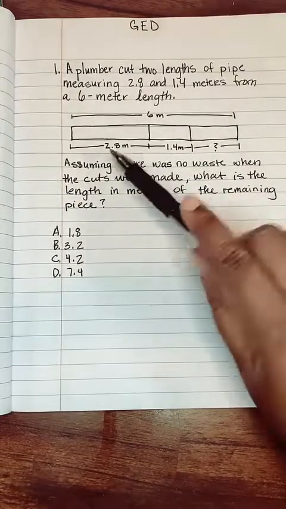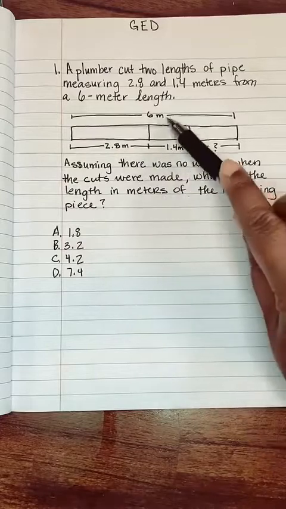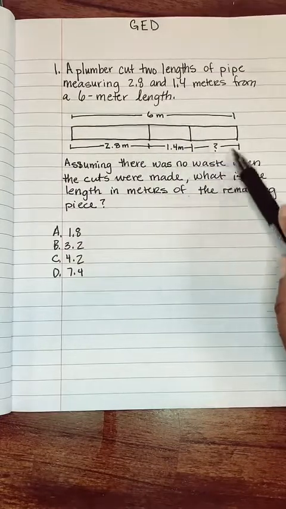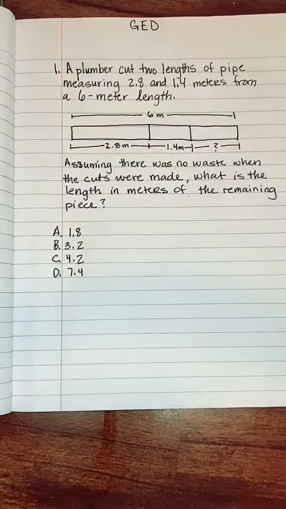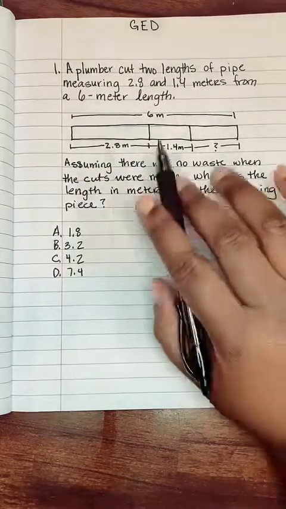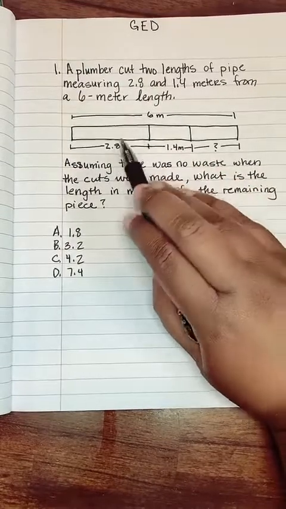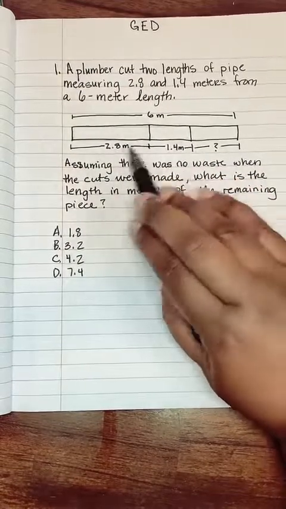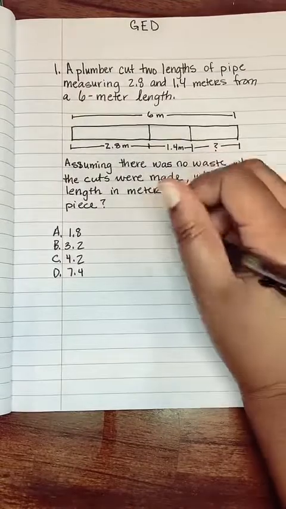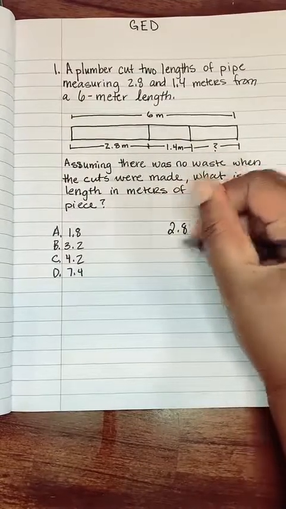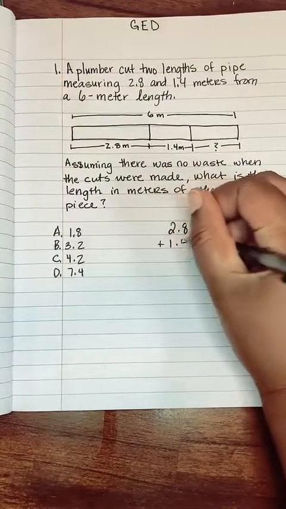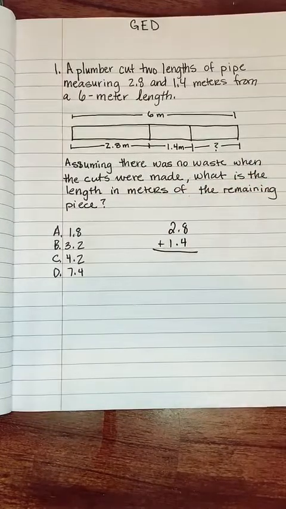So the first thing I would do is add these two, because I don't want to do 6 minus this, and when I get here minus this. I just want to add them and then subtract them, okay? So 2.8 plus 1.4, that's what I'm going to do first. So 8 plus 4, remember 8 plus 2 is 10, plus another 2 is 12. Carry the 1.